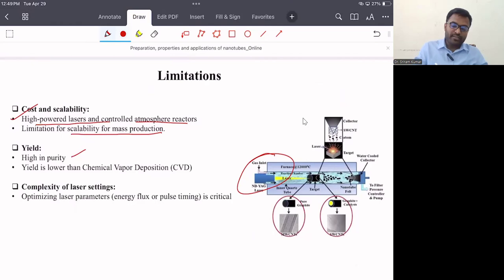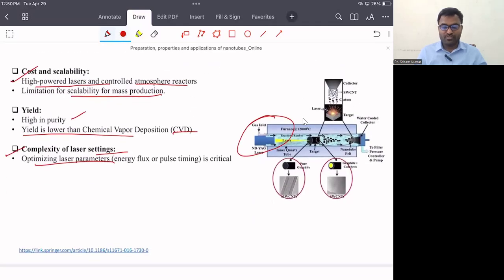It gives a very high purity CNT, but the problem is that the yield of the CNT is lower than the chemical vapor deposition methods. And the third important limitation is the complexity of the laser setting, because there are many parameters of the laser in terms of the wavelength, power, pulse, and the durations. So optimizing the laser parameters is a very critical thing here. So these are the important limitations of laser ablation technique.